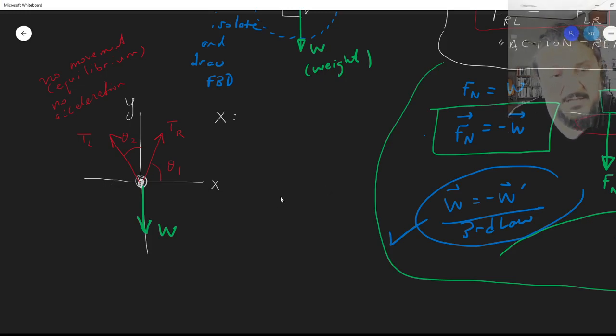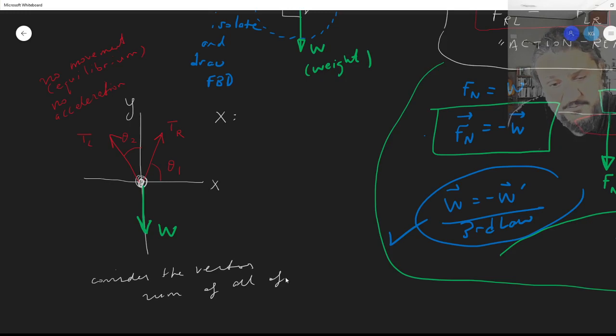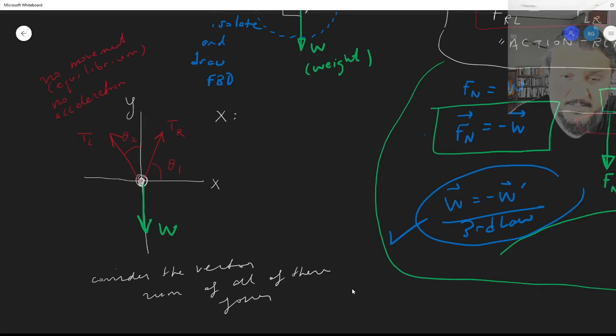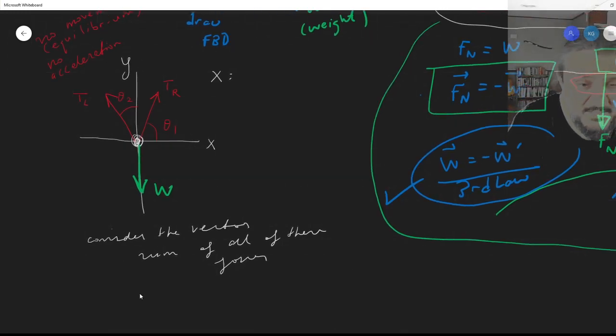So if I'm considering the sum, let's say, consider the vector sum of all of these forces. Namely, TL, put an arrow on top of it, plus TR, put an arrow on top of it, plus W, weight of the object.